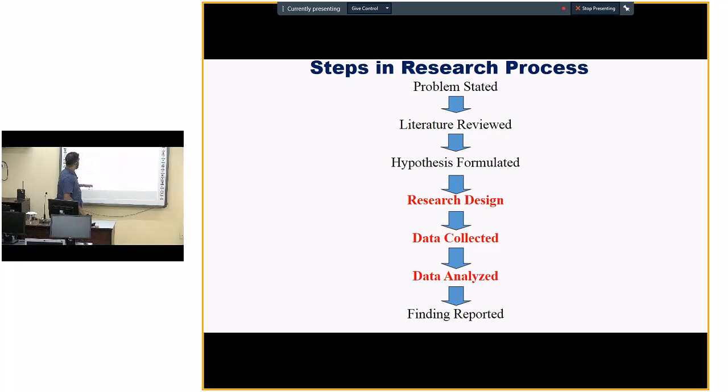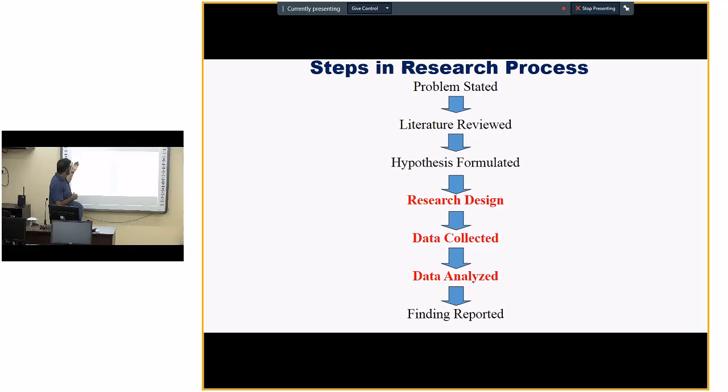Here now we can see different approaches, different steps. We don't have a hard and fast rule for arranging this process, but generally you can take this type of process. Now you can see the problem statement. First of all, you have to identify these issues. You have already done that task. Then the literature review.